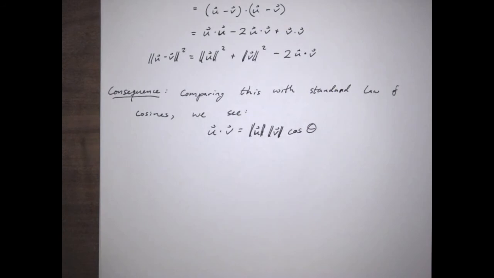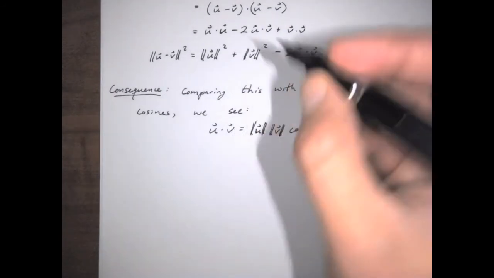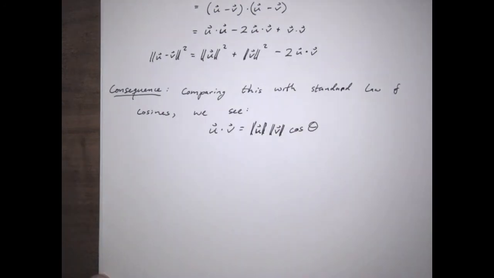And this is how the dot product is often defined, particularly in a physics class, but it actually is just a consequence of the law of cosines.